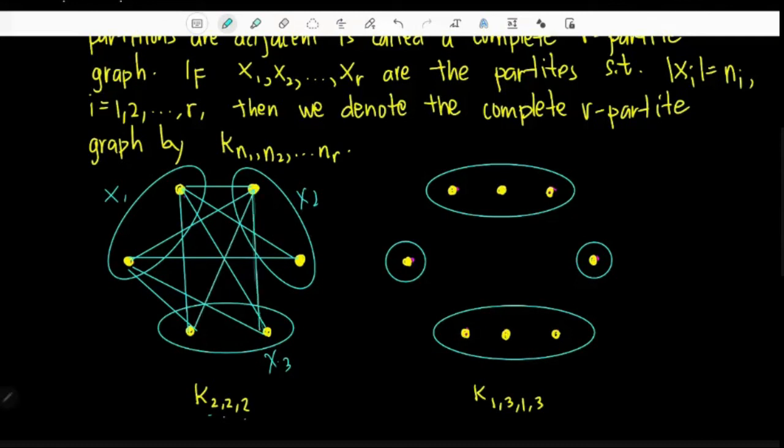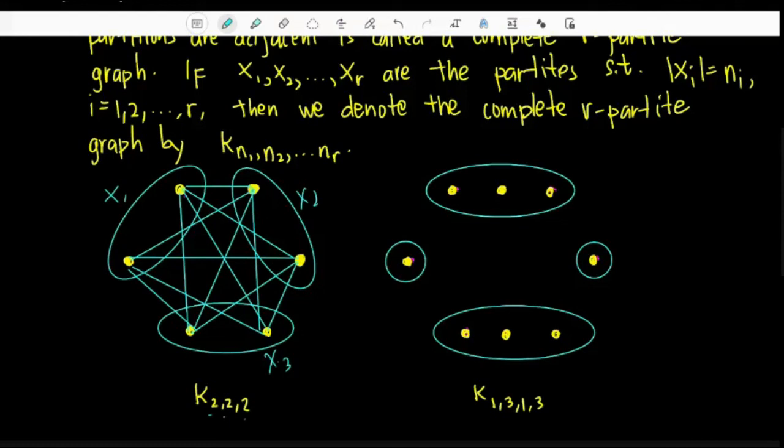So we add these edges and these edges as well. Now on the last partition, we already know that all the connections from the first two partitions were already made. So no edges may be added further coming from X3. So that's what a K2,2,2 looks like.